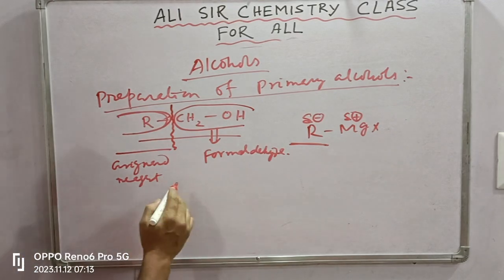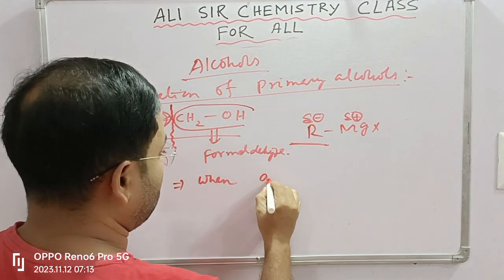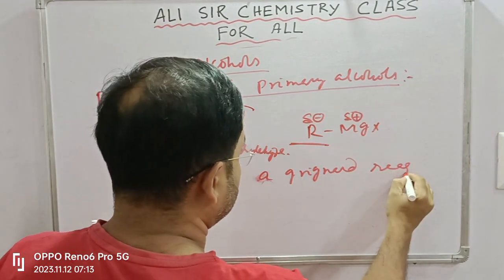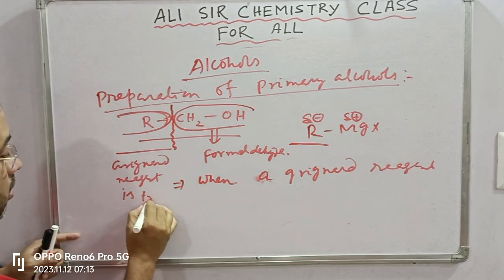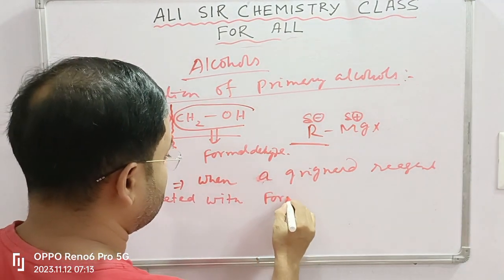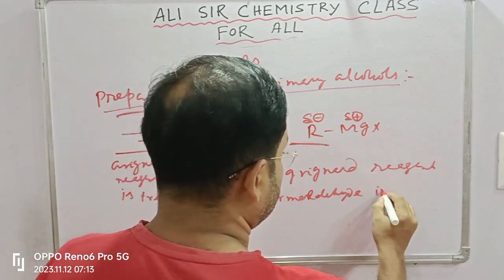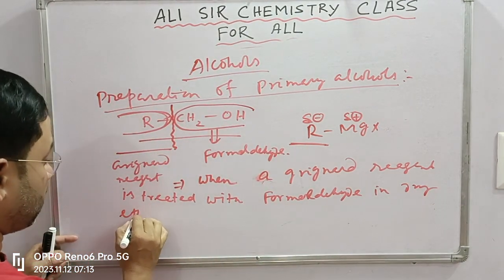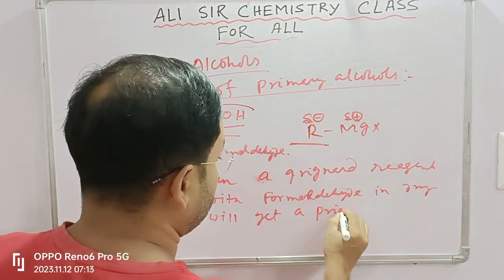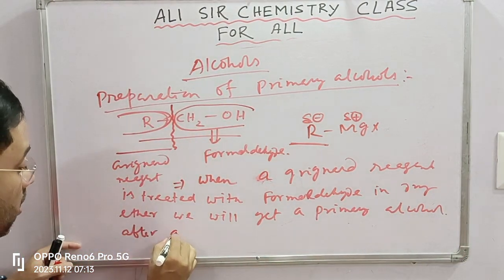So how can you prepare? Just I am writing two lines. When a Grignard reagent is treated with formaldehyde in dry ether, we will get a primary alcohol after acidification.